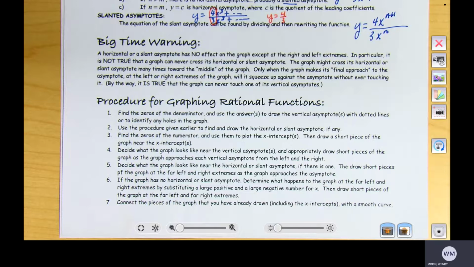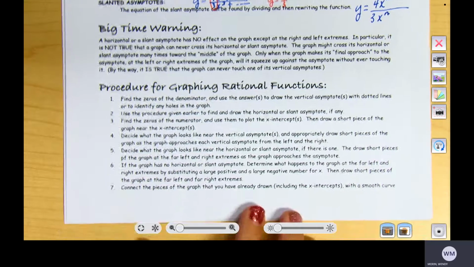Only when the graph makes its final approach to the asymptote at the left and right extremes, again, end behavior, will it squeeze up against the asymptote without ever touching it. By the way, it is true that the graph can never touch one of its vertical asymptotes. I already stated that, and there it is in writing.